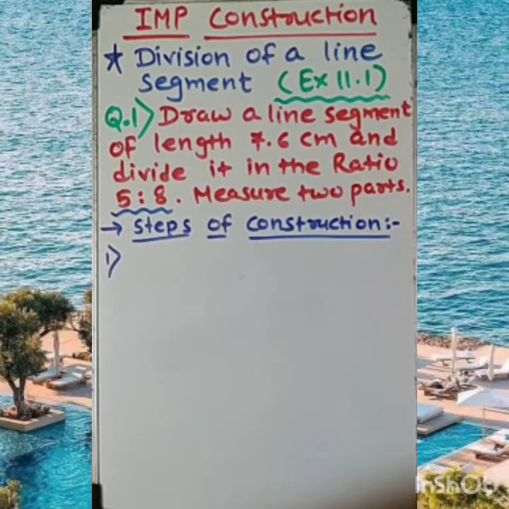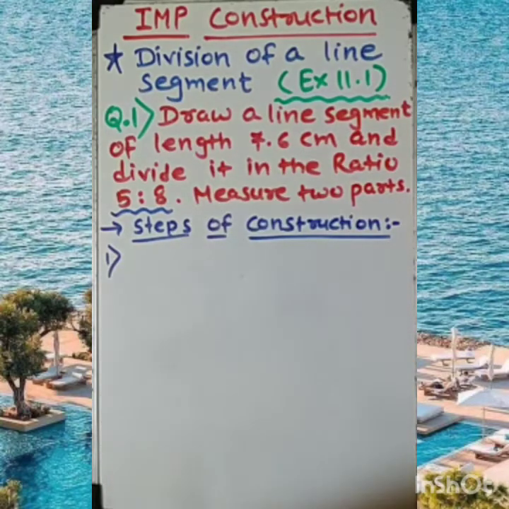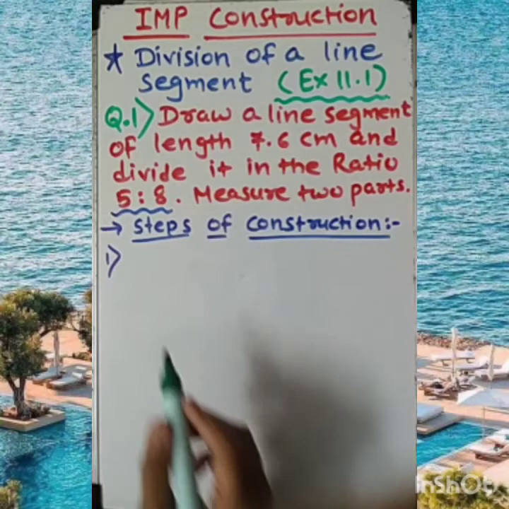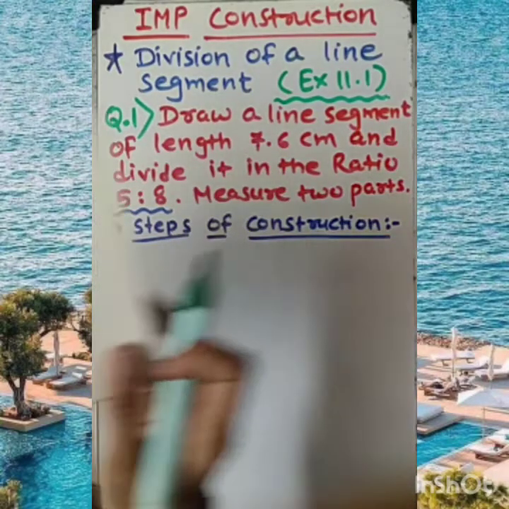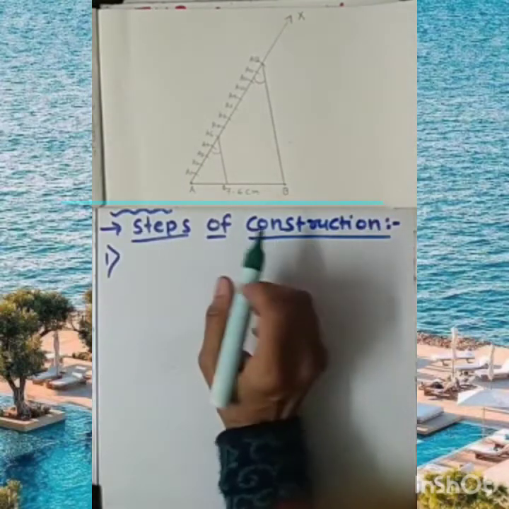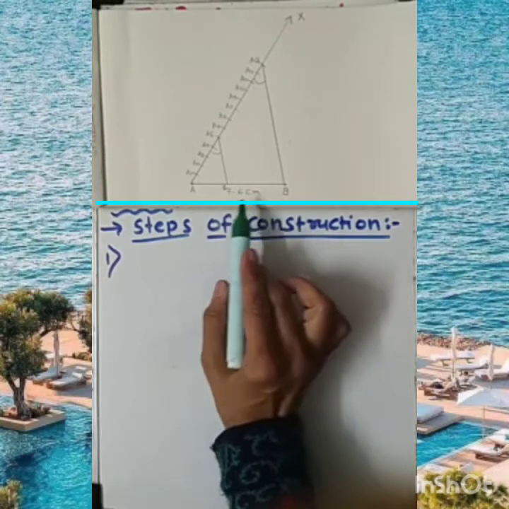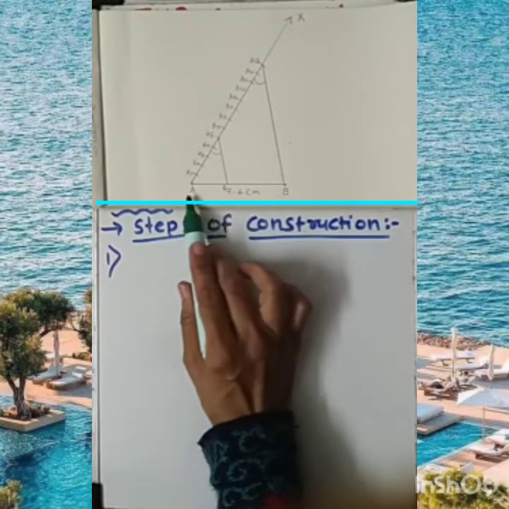Dear students, as I explained how to construct the division of a line segment, now we are going to discuss the steps of construction. Be ready for that. First step: whatever we have done, I am going to explain the same thing here. First of all, you can see in the figure, I drew this line segment.